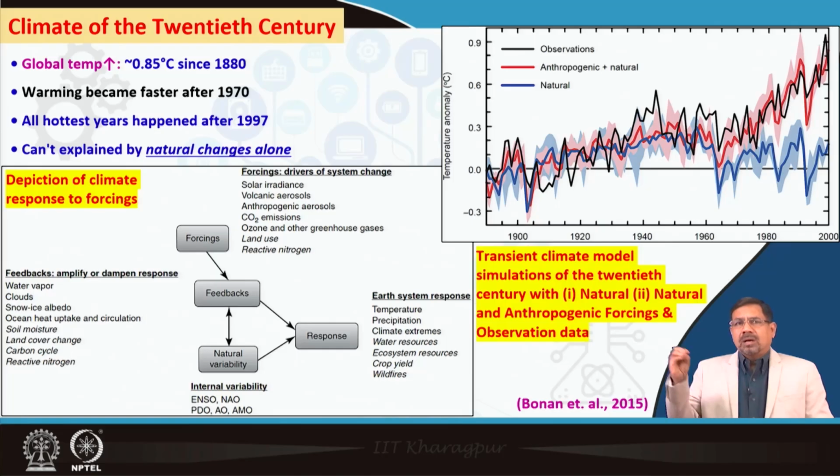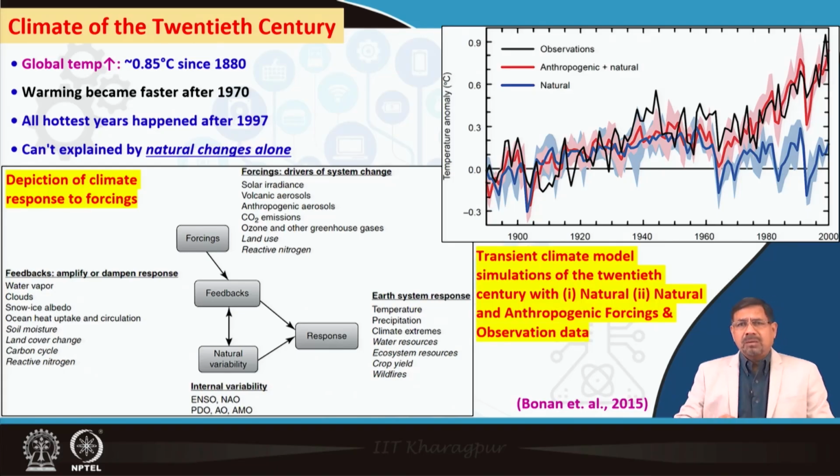But when we include the anthropogenic plus natural, the red one with reddish wash areas from different observational models, they say that yes, when the additional impact of anthropogenic is included, the temperature rise, the temperature anomaly, is well explained.